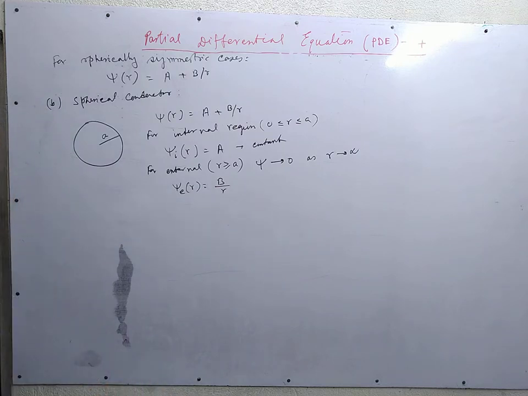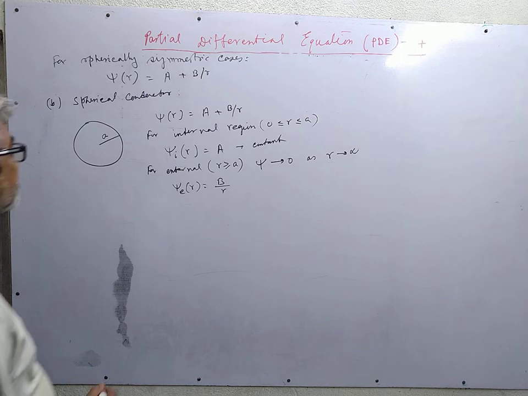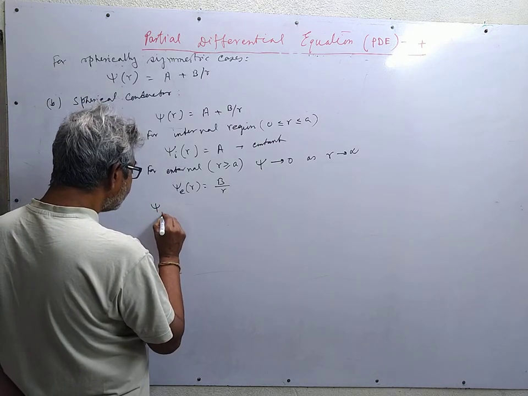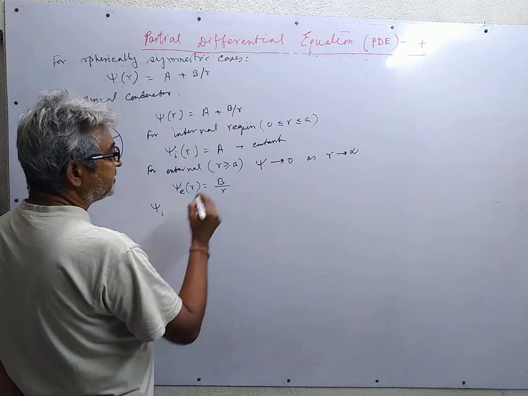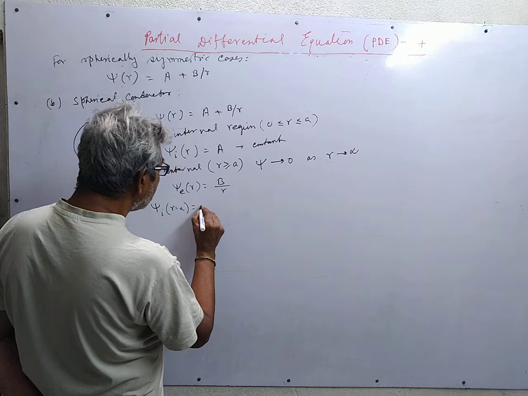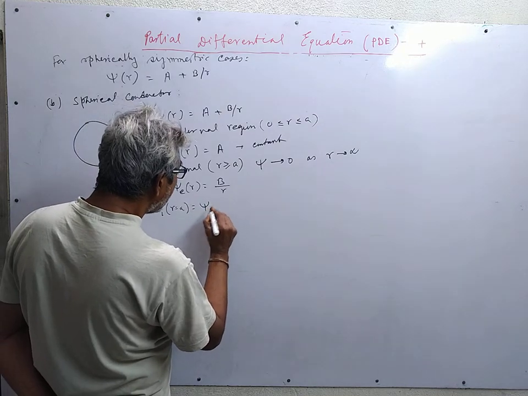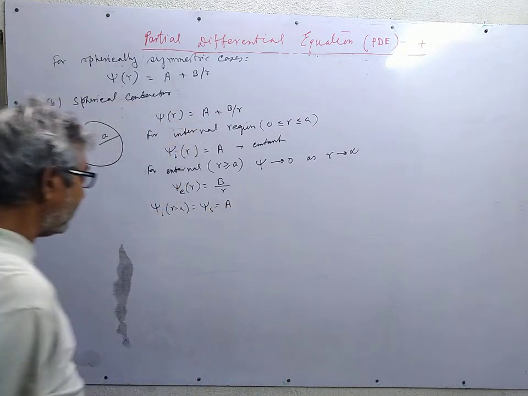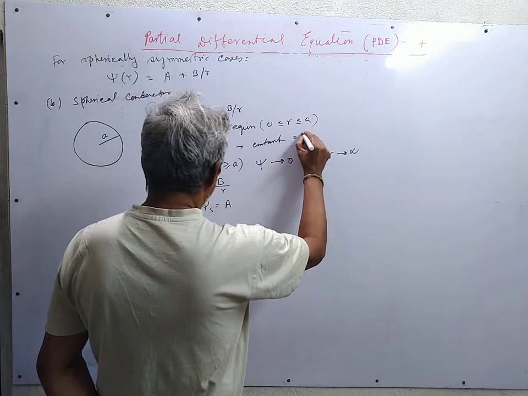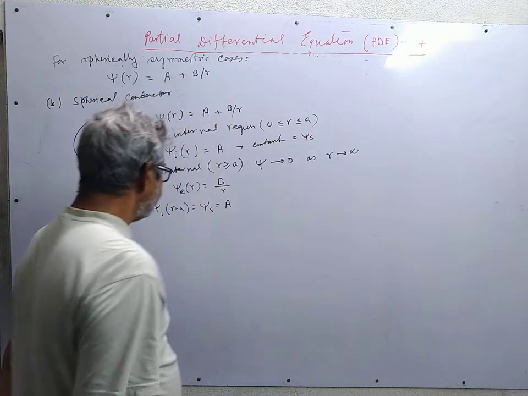Now we know that the potential is continuous across the boundary. So phi I at R is equal to A is equal to the potential at the surface, phi of surface value.